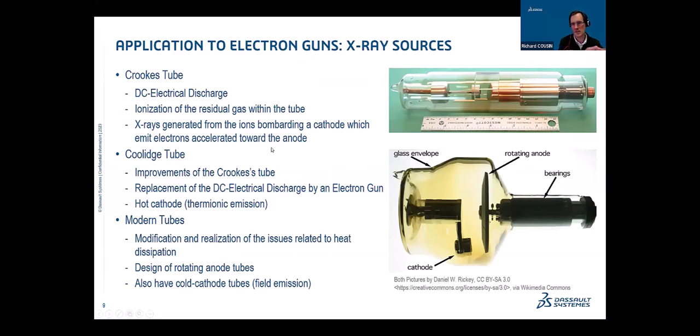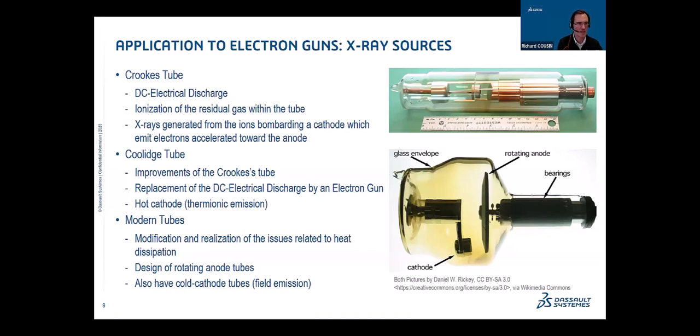So you create the discharge, and then some ions are created, and the ions are going to bombard the cathode. The cathode is going to emit secondary electrons, and these electrons bombarding the anode structures can then generate some X-rays. So this is the type of tube that we can fully dimension and fully design, and we can also validate the prototype using the simulation.